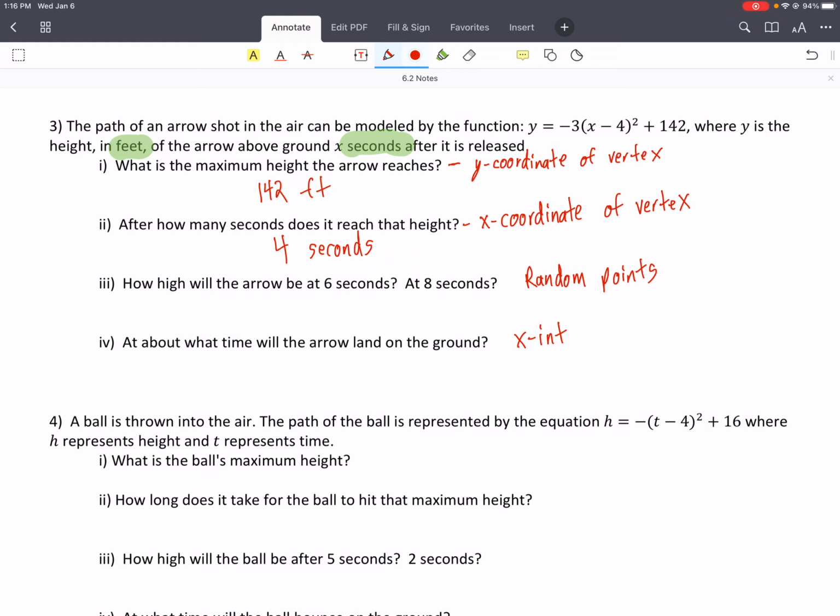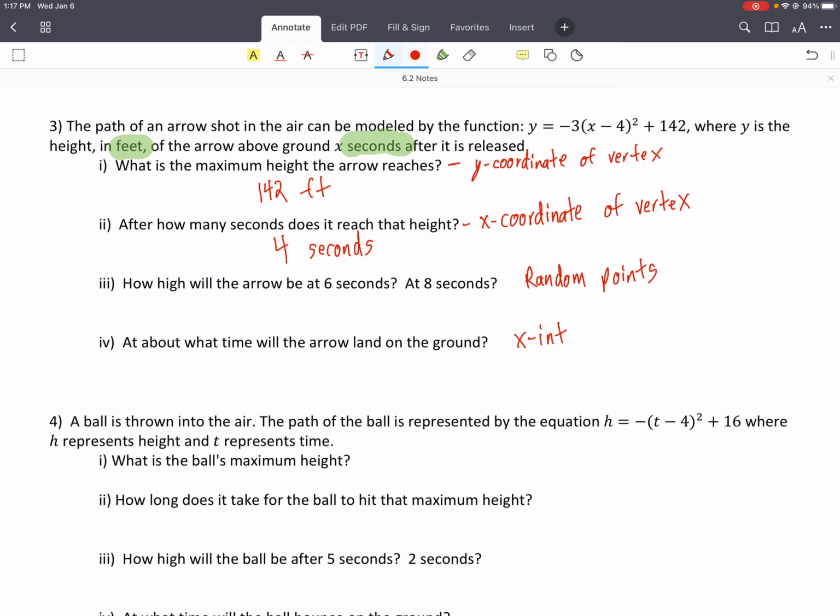Okay, so how high will the arrow be at 6 seconds? Those are random points, so we use our good old value on the TI calculators, or on your Casio calculators, it will be using the y-cal.